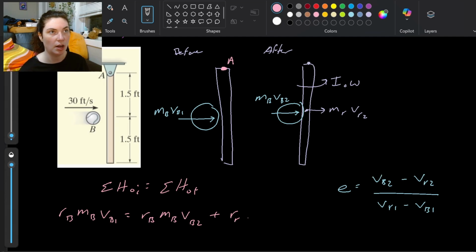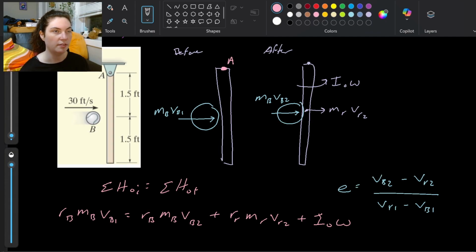The distance from A to the center of the rod there, times the mass of the rod, times the final velocity of our rod. And then, of course, we're going to have that angular velocity component too. We have that moment of inertia I about our fixed axis times omega, that angular velocity that we're looking for.